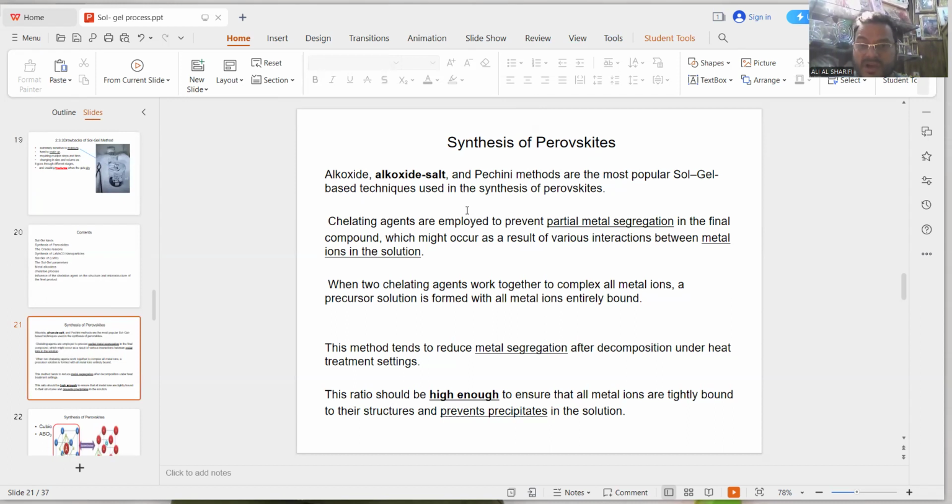Now let's keep going. In the most popular sol-gel based techniques used in synthesis of perovskite, gelating agents are employed to prevent this important disadvantage in sol-gel, to prevent metal segregation and cracks in the final compound, which may occur as a result of various interactions between metal ions in the solution.